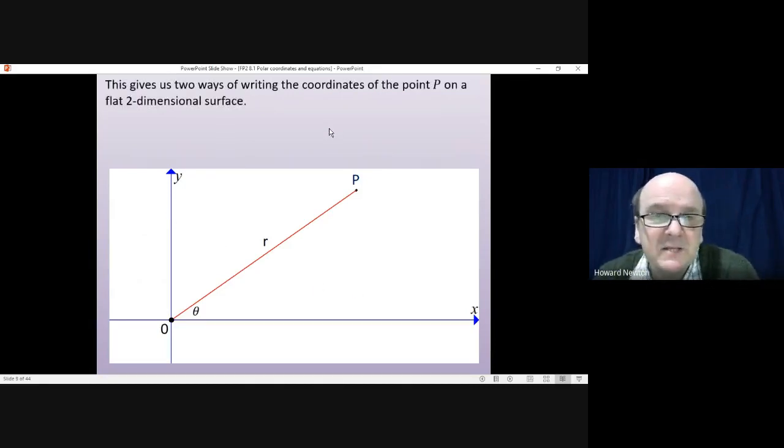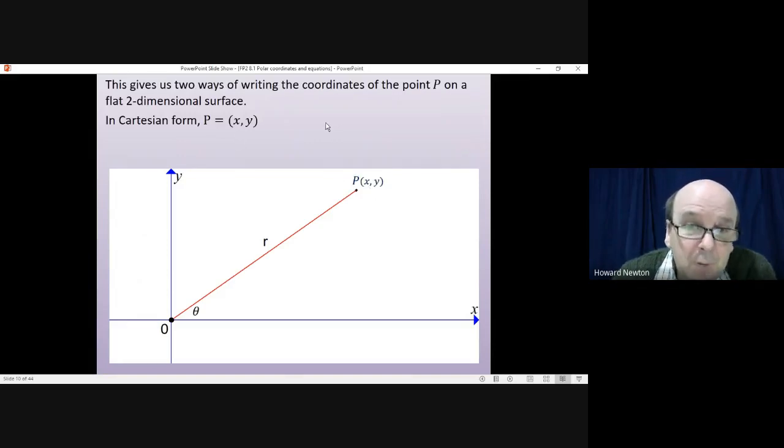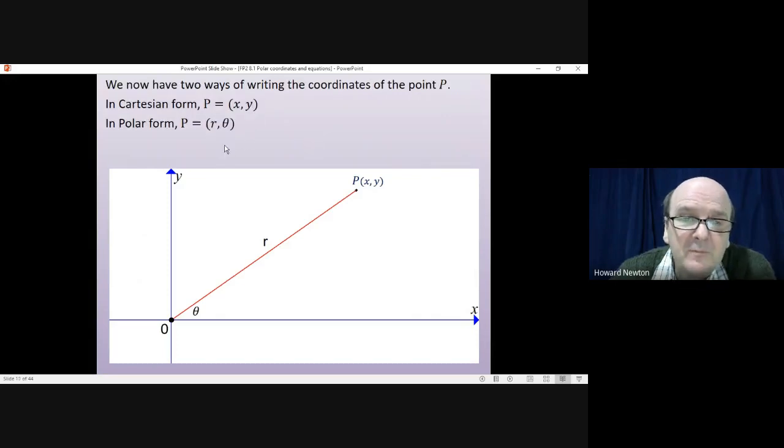And having done that, it then gives us two ways of writing the coordinates of any point P on a flat two-dimensional surface. So in Cartesian form, P will be given by (x, y), the distances in the x and the y direction. In polar form, P will be given by the coordinates (r, theta). So we write the distance first and we write the angle second.